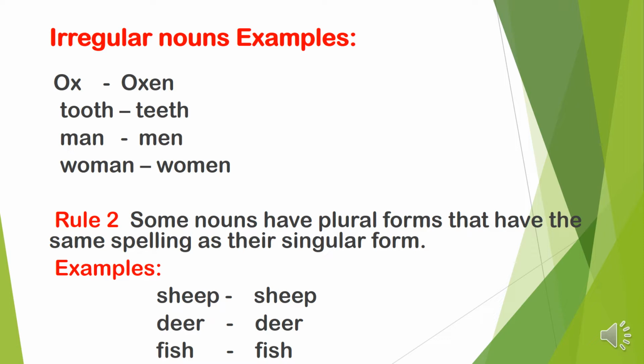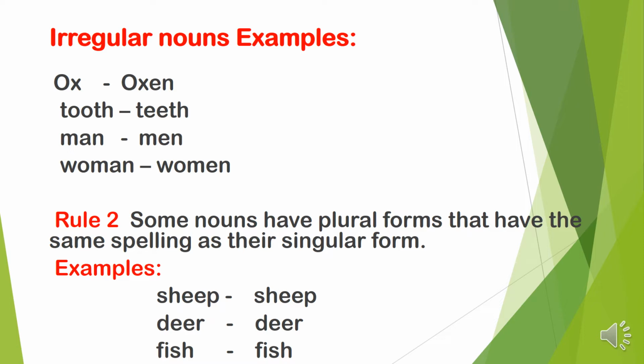So, dear Ram, I have a question. Yes? I noticed that the word you say is the same from singular to plural. Yes, you're right. In rule number two, some nouns have plural forms that have the same spelling as their singular form.